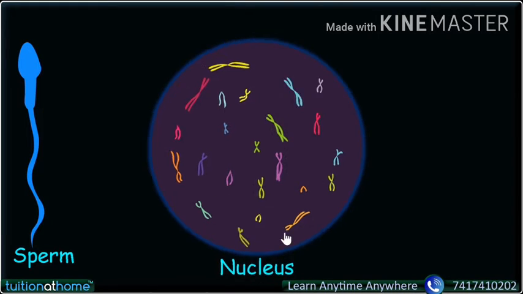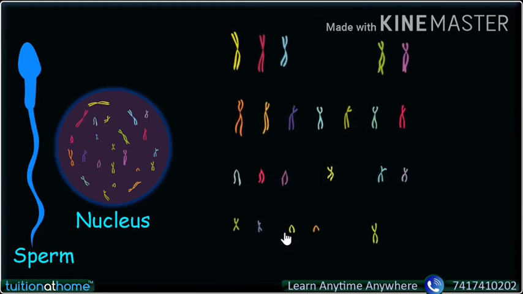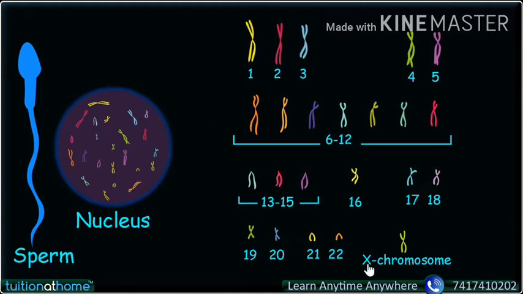So in this picture, so many chromosomes you are watching. How many chromosomes are there? 23 chromosomes. And you can see these 1 to 22 chromosomes. These are normal chromosomes, and this last one is called the X chromosome.